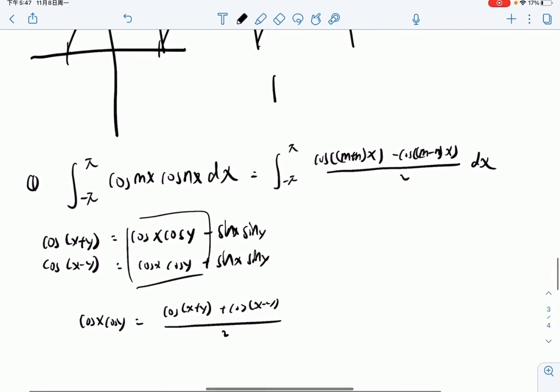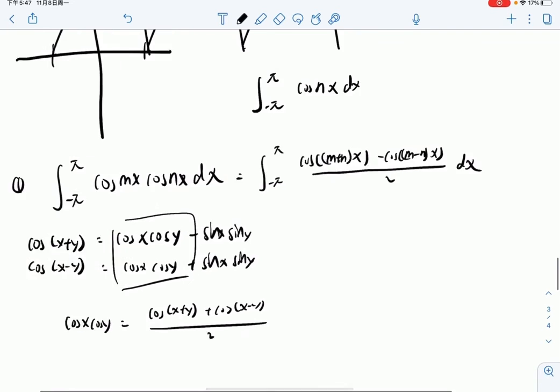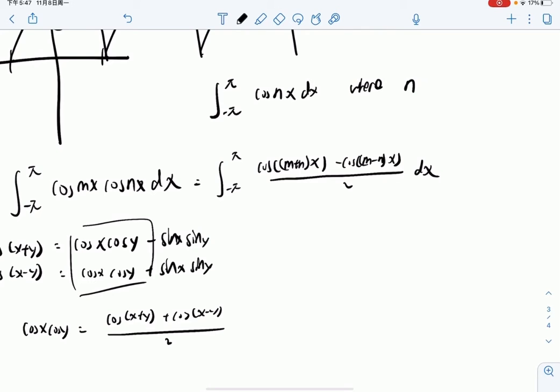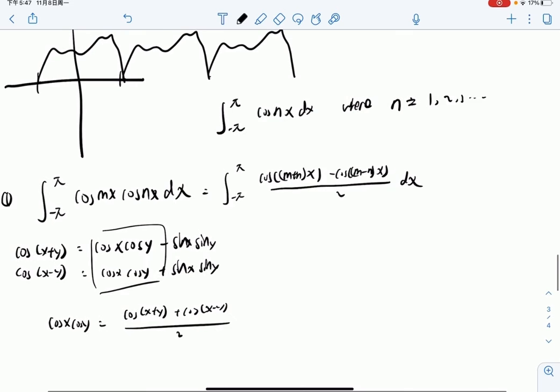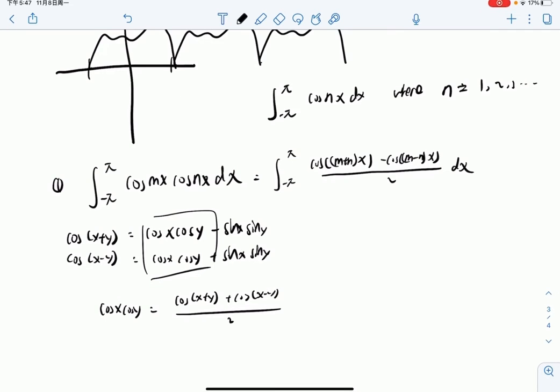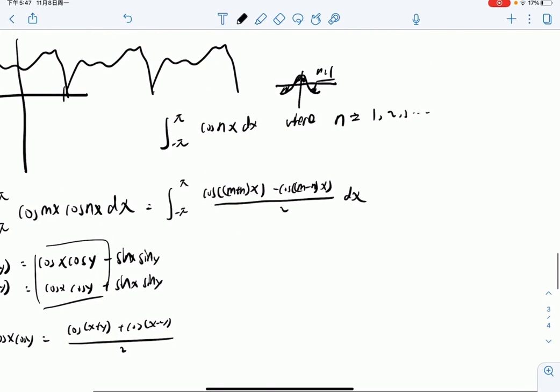divided by 2, dx. And the integral from negative pi to pi of cosine nx dx, where n is equal to 1, 2, 3, and so on, is equal to 0, because if you draw a graph, the area under this curve for n equal to 1 is equal to 0, and for n equal to 2, this is also equal to 0.